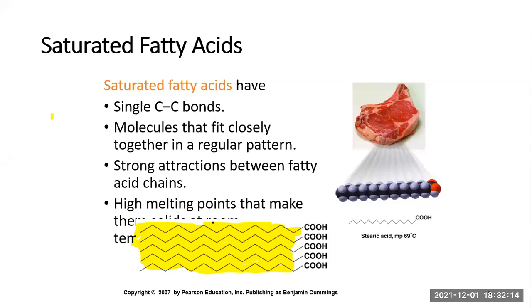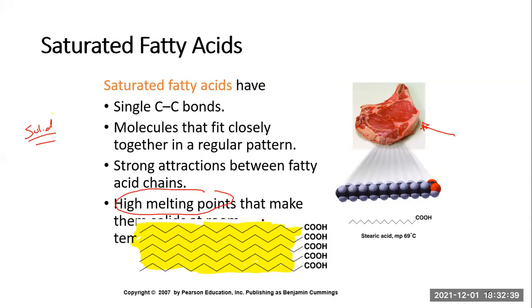You have really strong interactions, and that results in a higher melting point, and means that most saturated fatty acids are solids at room temperature because of that really nice tight interaction that you get because of all the single bonds, hence the steak part of the fat there. Again, solid at room temperature because they interact well with one another.